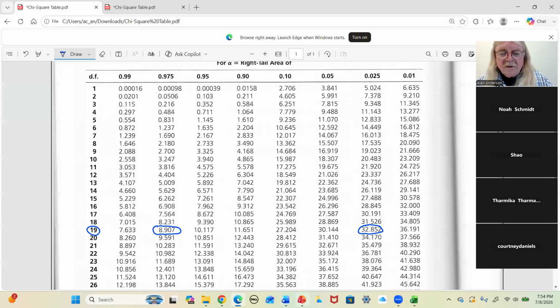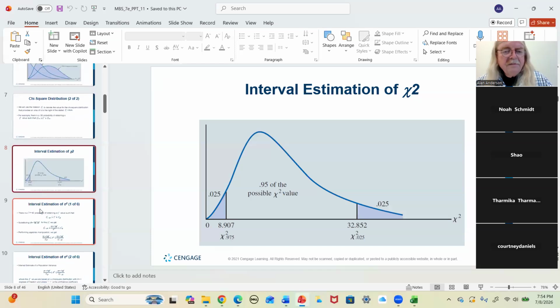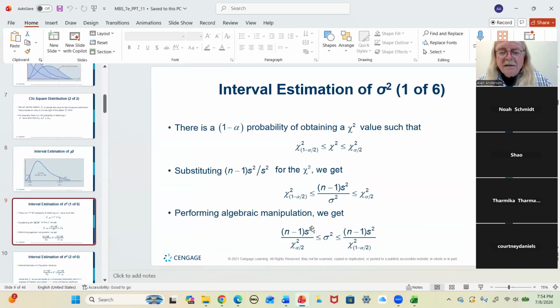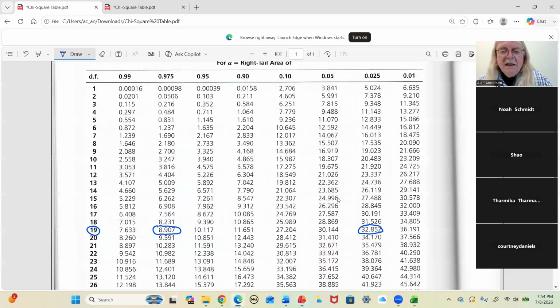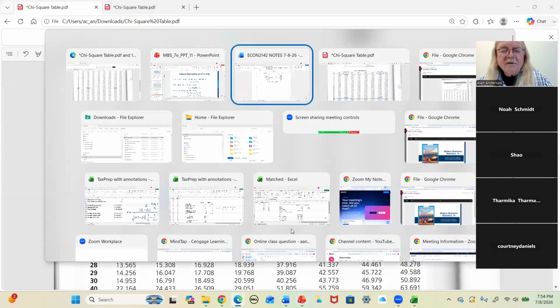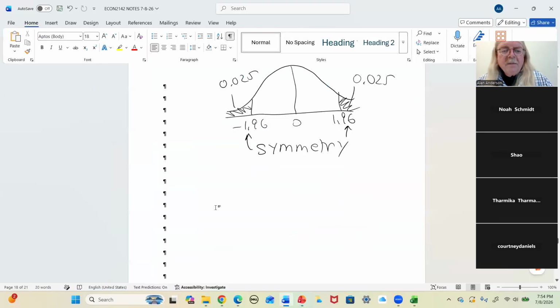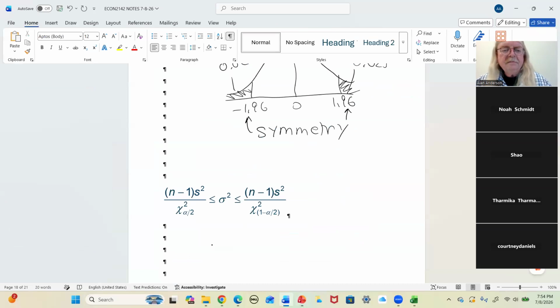All right. Well, what else do we need to know here? This horrible looking formula is how we're going to find confidence intervals for a population variance. That was what we just looked up in the table.